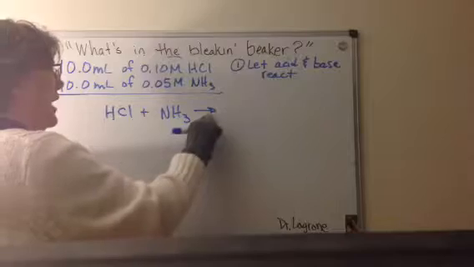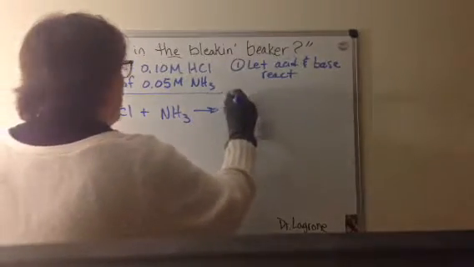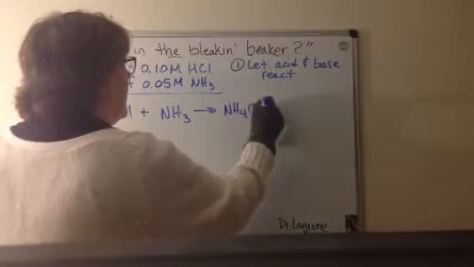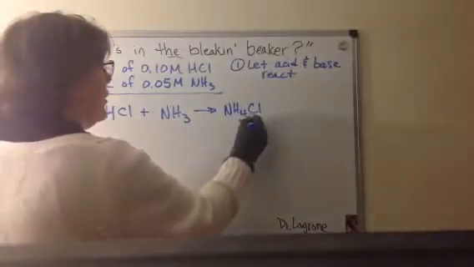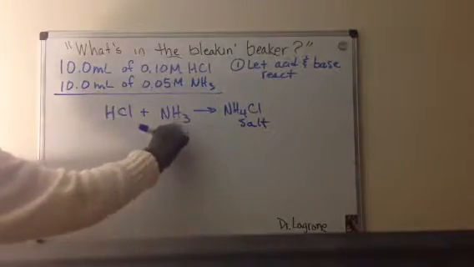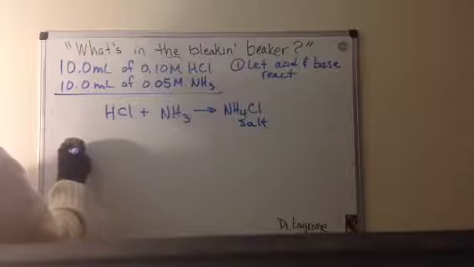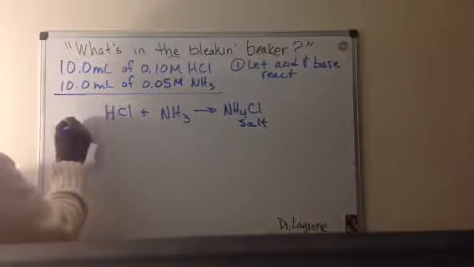This is a chemical reaction, so it's just a solid arrow, and you get, of course, ammonium chloride, the salt. We don't get water this time because ammonia is an unusual base and it doesn't have a hydroxide group. So we don't get the salt plus water, we just get the salt. So this would be my reaction.